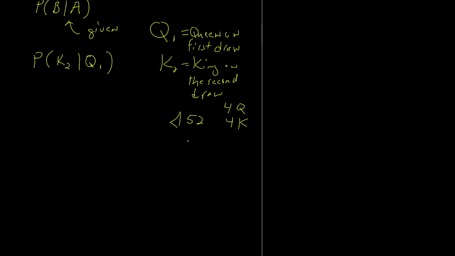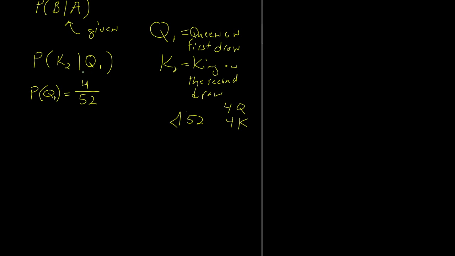Some of these questions will say that the card is not replaced. And so when I make my first draw, the probability of getting a queen on the first is 4 in 52. Right. There's a 4 in 52 chance that I can get a queen.